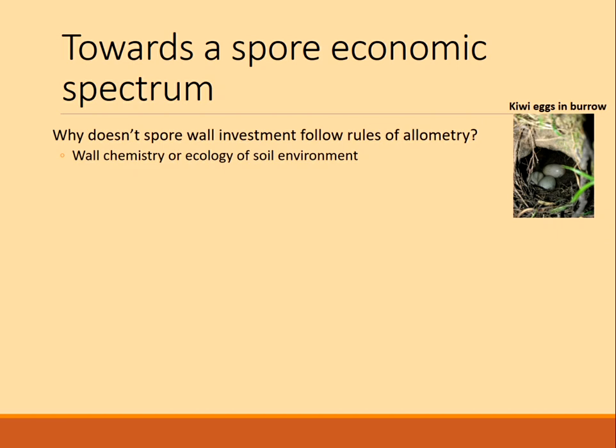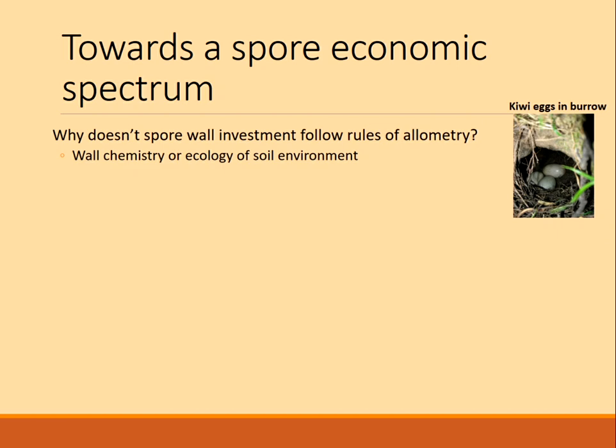Well, we aren't quite sure, but we can speculate. It could be related to wall chemistry. Maybe there are specific compounds in the wall that help cement that wall into place and keep it strong. Or it could be related to the ecology of the soil environment.